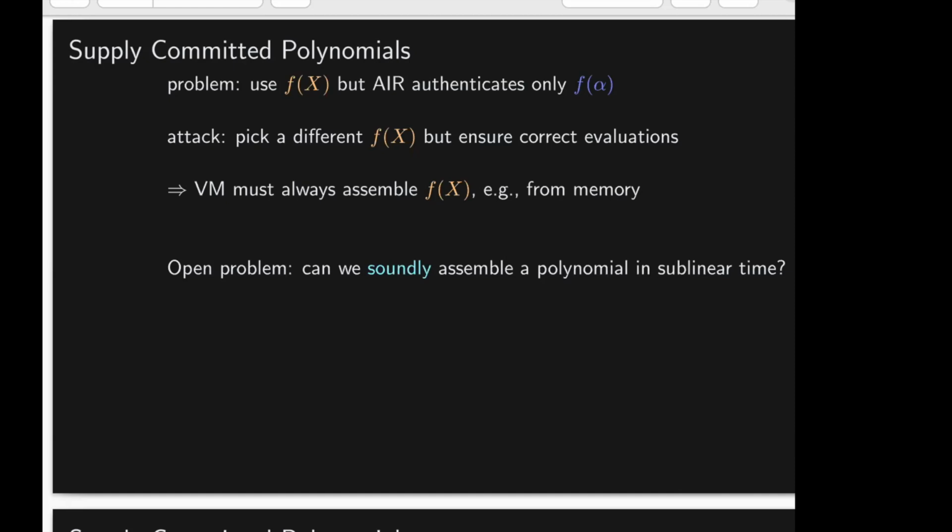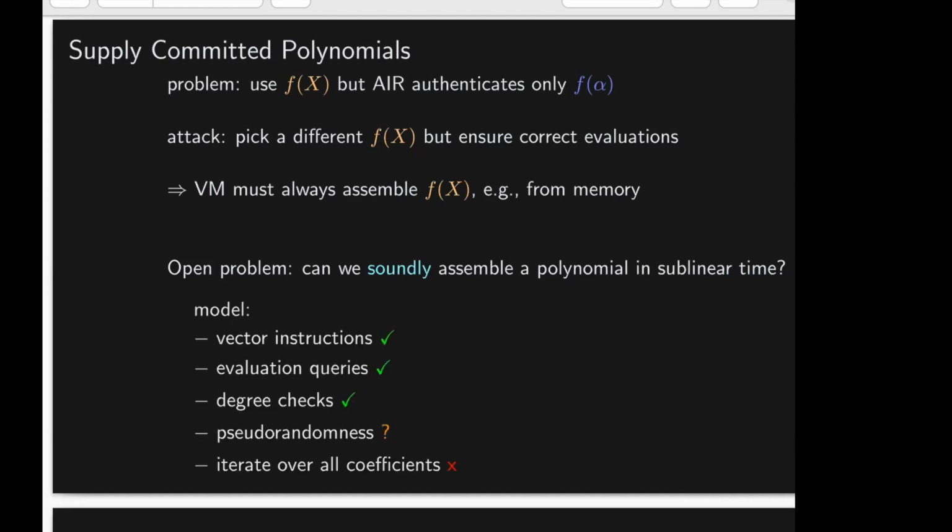And so the open problem that I'm going to close this presentation with is, can we do this in sublinear time? It's a bit of a bummer that we have to spend these 1,000 algebraic execution trace cells somewhere, and we'd like to spend less. Can we soundly assemble a polynomial of higher degree in less time than the number of coefficients that it consists of?